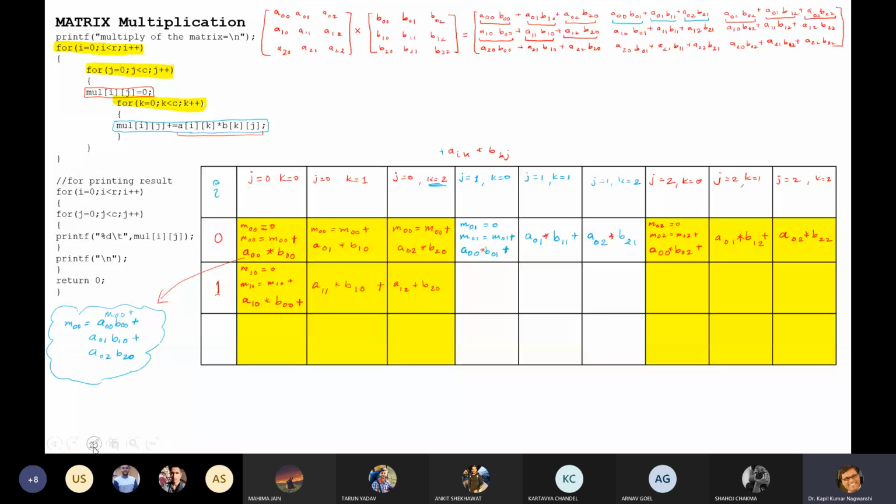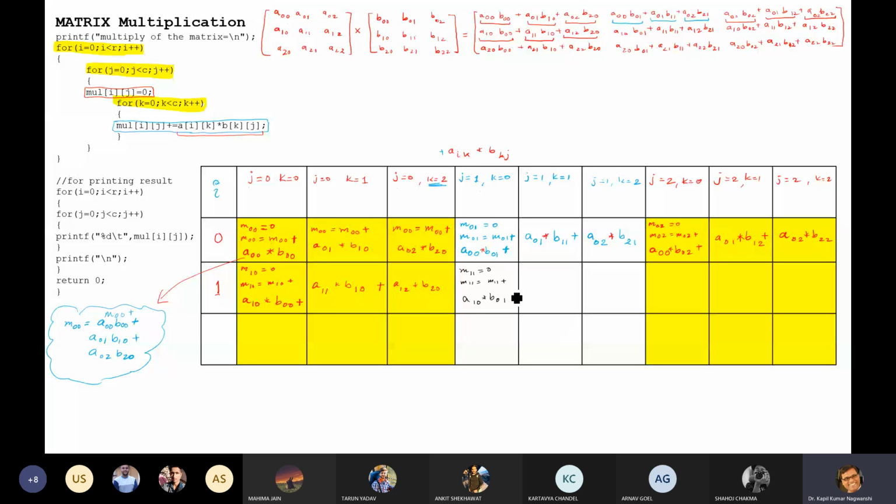What is our first step? m i j, i is 1, j is also 1, equals 0. Then m11 equals m11 plus the next term, a i k, i is 1, k is 0, multiplied by b k j, k is 0 and j is 1. Okay, now come to next.